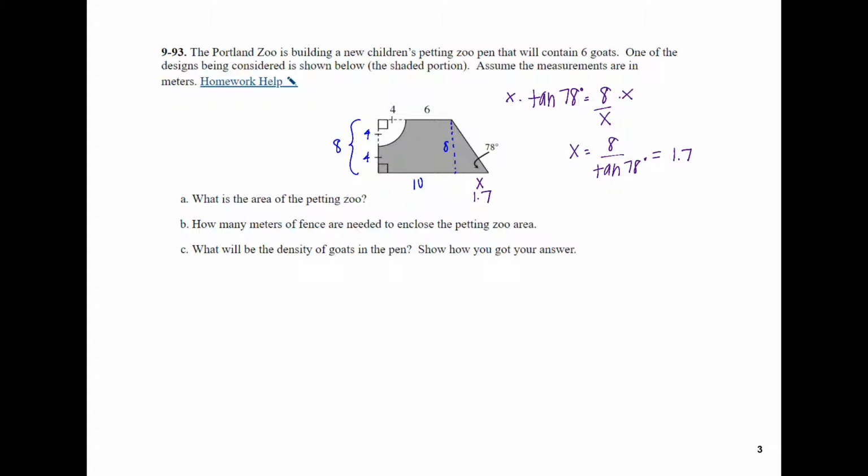So if we take the area of the triangle and do base times height divided by 2, we get 6.8 for this piece.